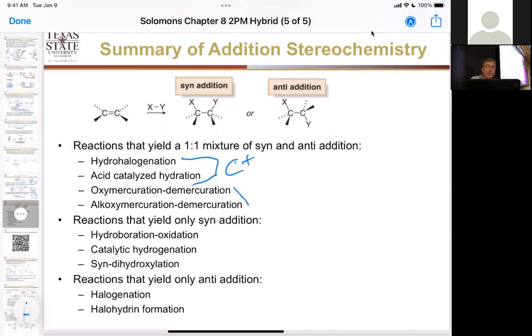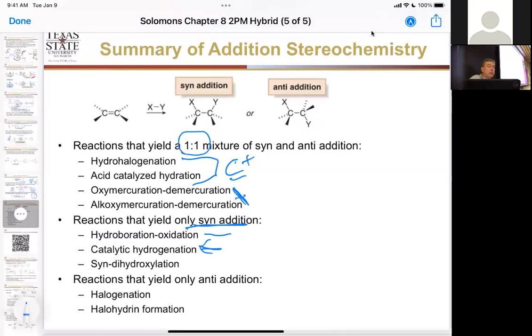In the case of the oxymercuration-demercuration, it also gives a mix of syn and anti. So when we have a 50-50 mixture, we have the carbocation and the mercuration. Now, when we get syn-only addition, that's like catalytic hydrogenation. Remember, it sat down on the surface, so it added both hydrogens on the same side. So that's catalytic hydrogenation.